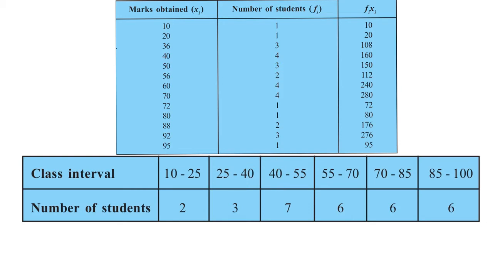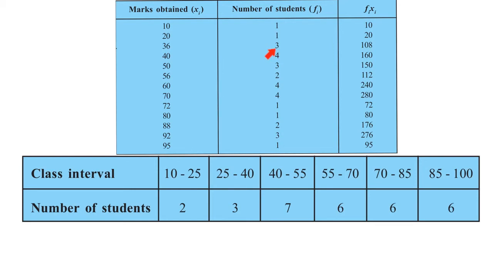So the number of students who scored 40 marks and above, between 40 to 55, will be 4 plus 3, that is 7. The number of students who scored marks between 25 to 40 will be 3 students.